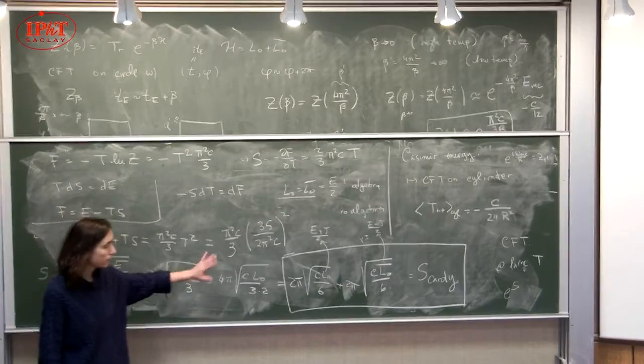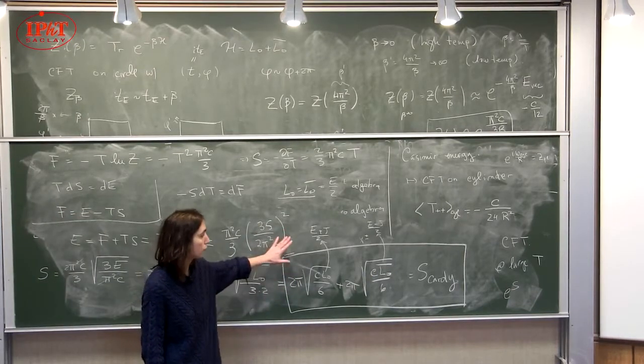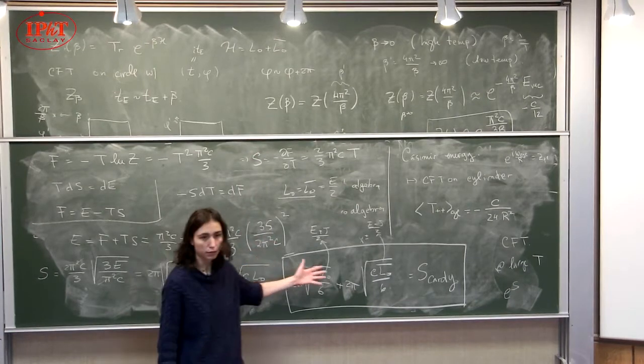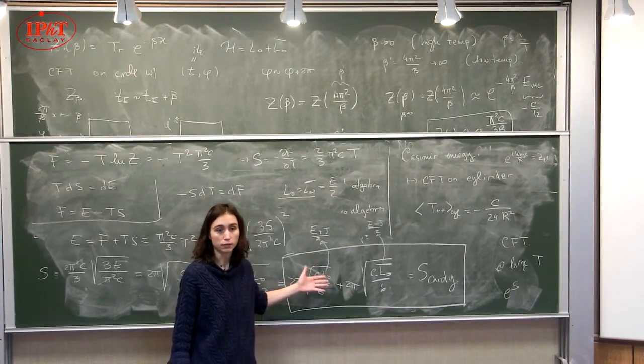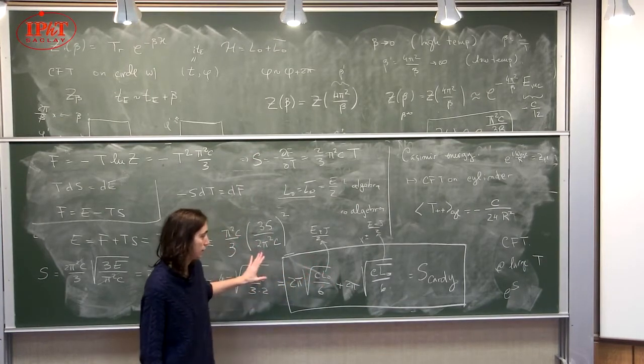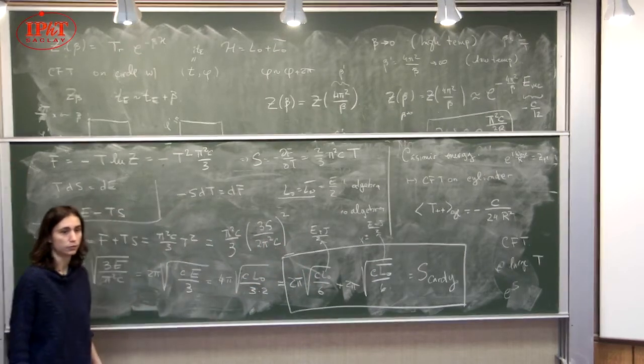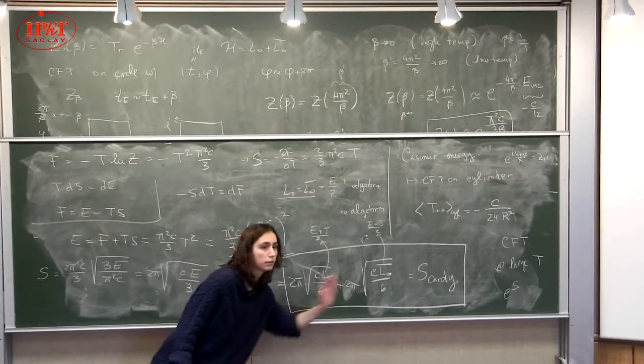So this is something very, very special in 2 dimensions for conformal field theory, that at any coupling, including strong coupling, you can write an exact formula for the entropy. This is rare and precious, but okay, so this is roughly the derivation. And it's known as Cardy's formula.